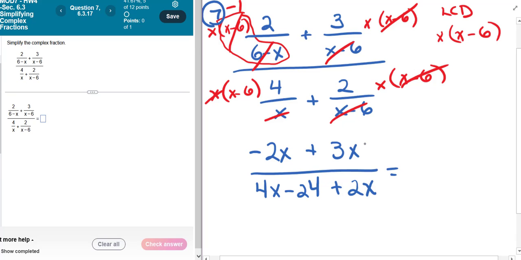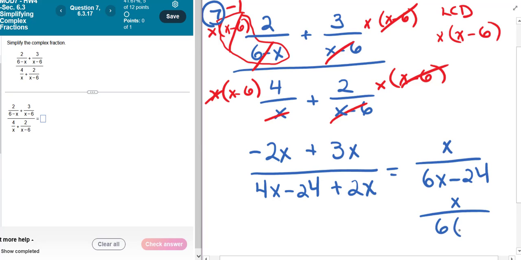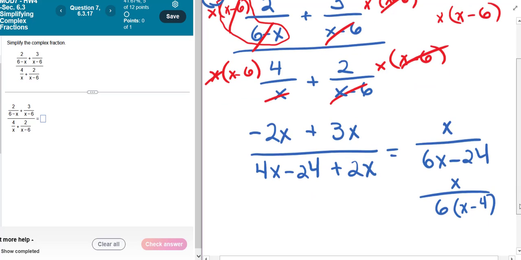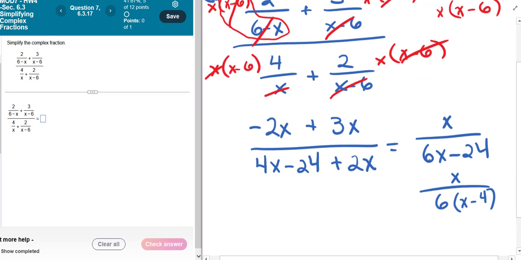So we have some things that go together. This gives us just x on the numerator, and this gives us 6x minus 24. We can do a GCF there, so we'll take out a 6, and that leaves x minus 4, but that did not help us. It didn't get us an x to the outside. So actually we could have left it here.